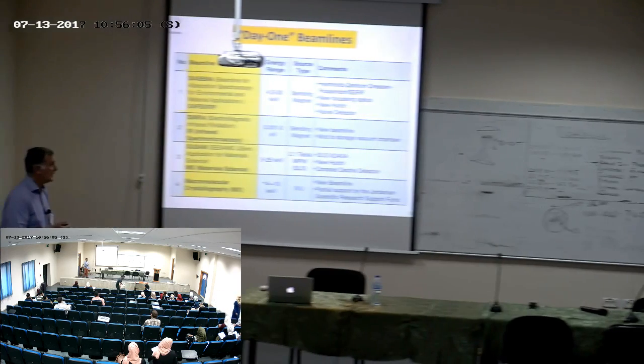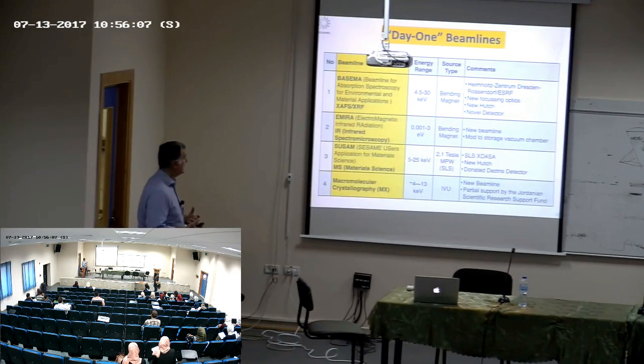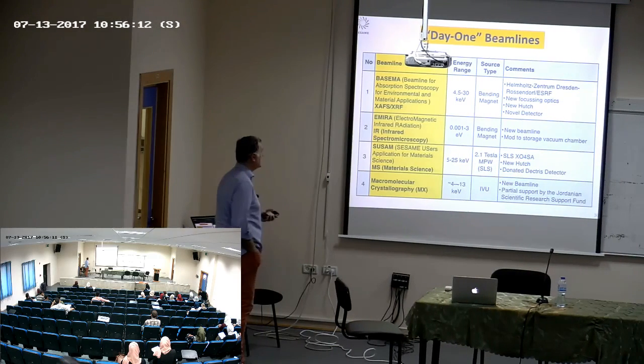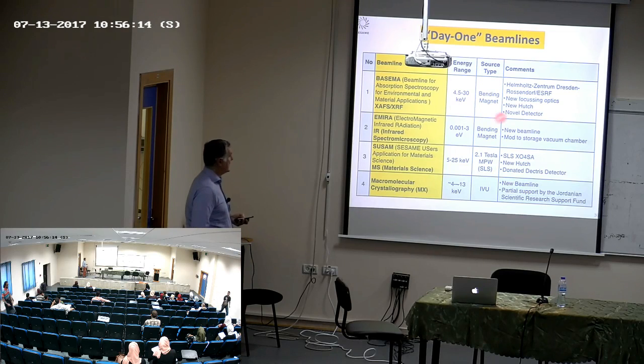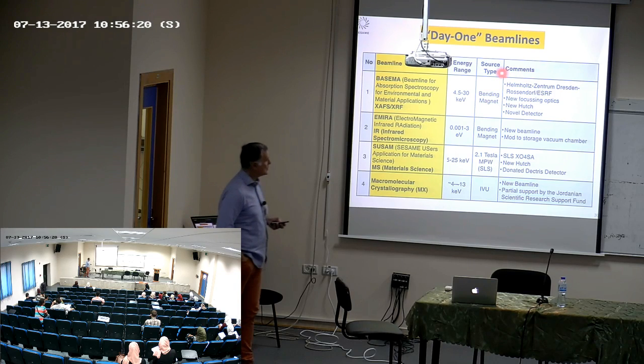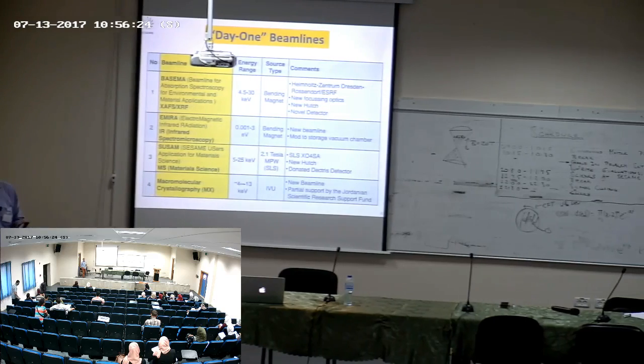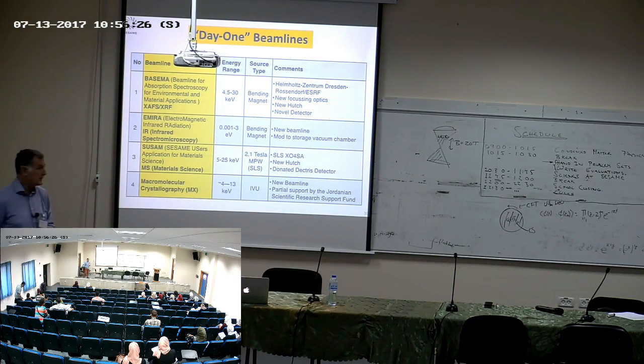We try to give names which have a meaning in this region. So BASEMA is the beamline for absorption spectroscopy for environmental and material applications. It covers a range of about 4.5 to 30 keV, and it is based on a donation from the Helmholtz-Zentrum Dresden-Rossendorf, and it was installed previously at the European Synchrotron Radiation Facility.